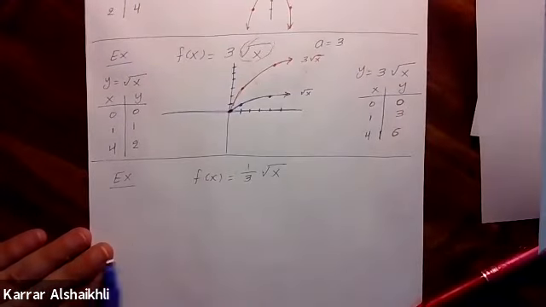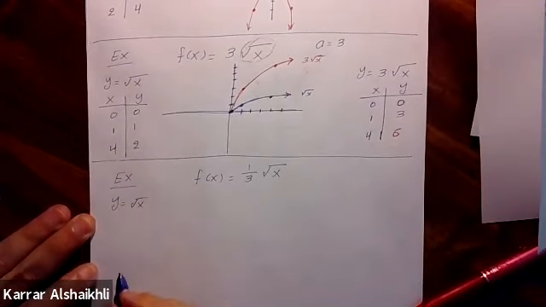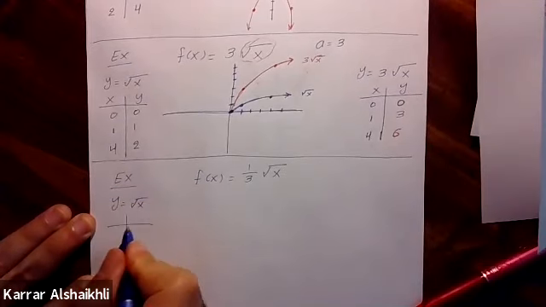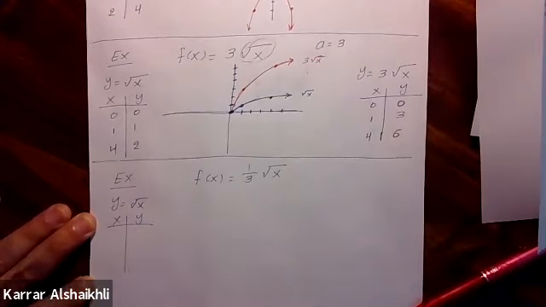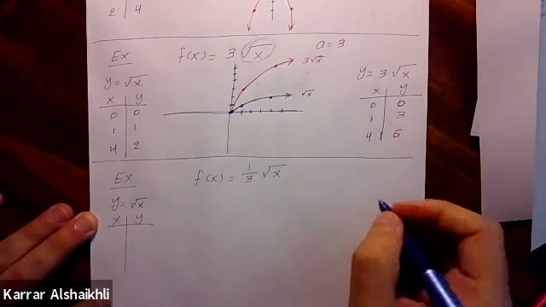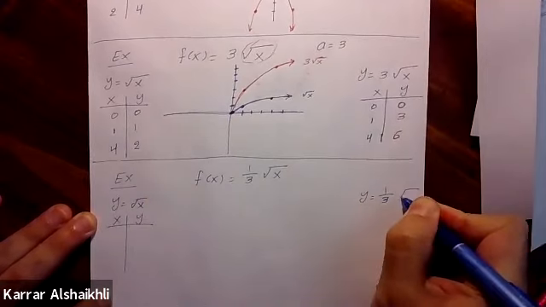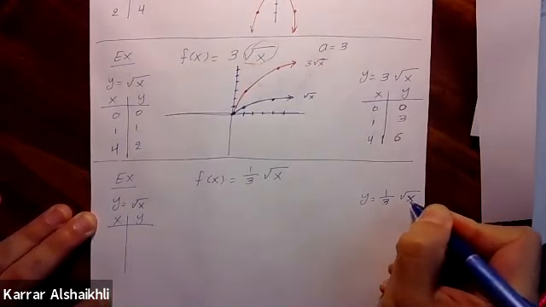So we're going to do exactly the same thing. y equals square root of x here. Let's grab this one, x, y. And the new graph is going to be here. y equals 1/3 square root of x.